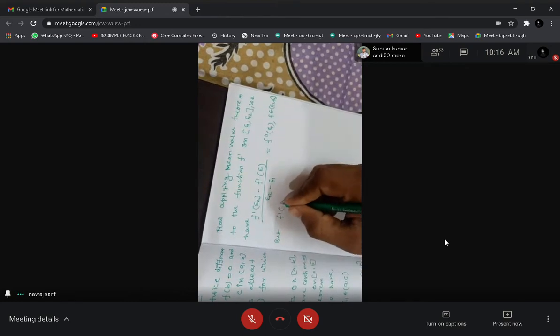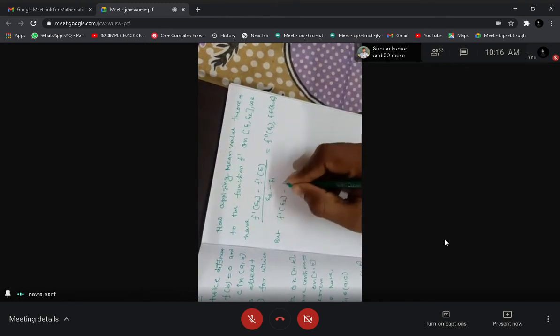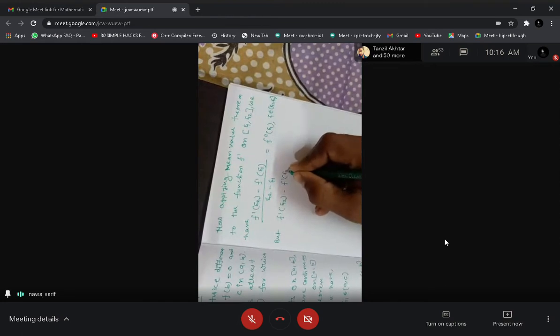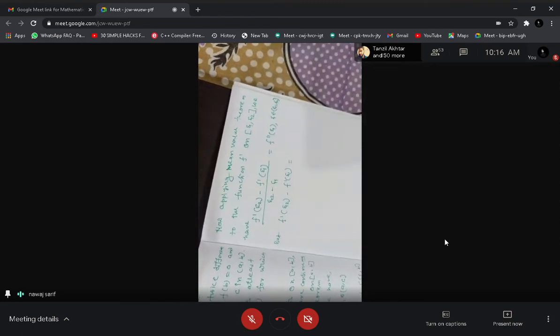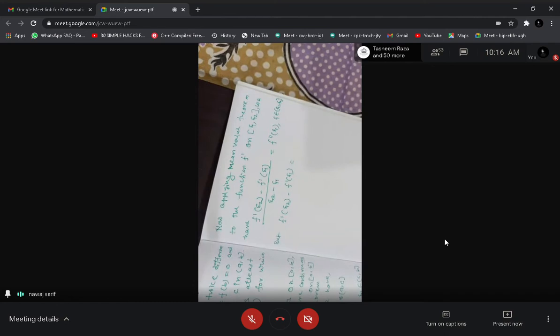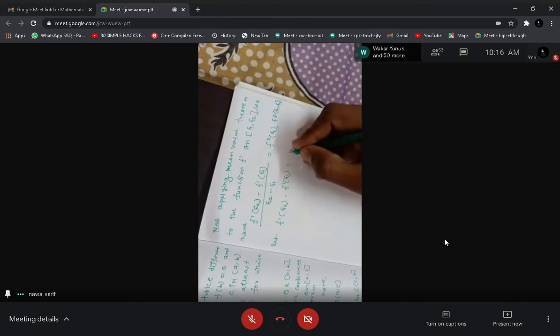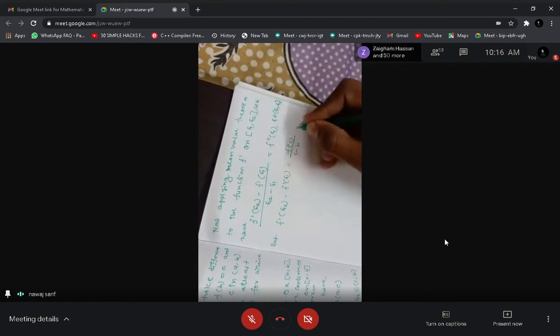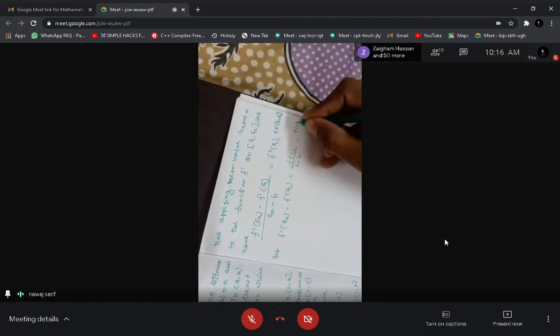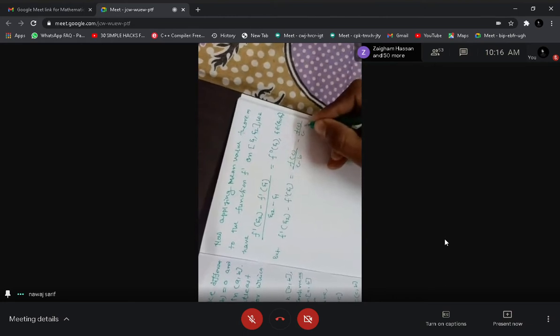But f dash xi2 minus f dash xi1 is what? In the expression, f dash xi1 is f of c by c minus a, and f dash xi2 is f of c by c minus b. Okay. Then after simplification, you will get f of c divided by c minus b minus f of c divided by c minus a.